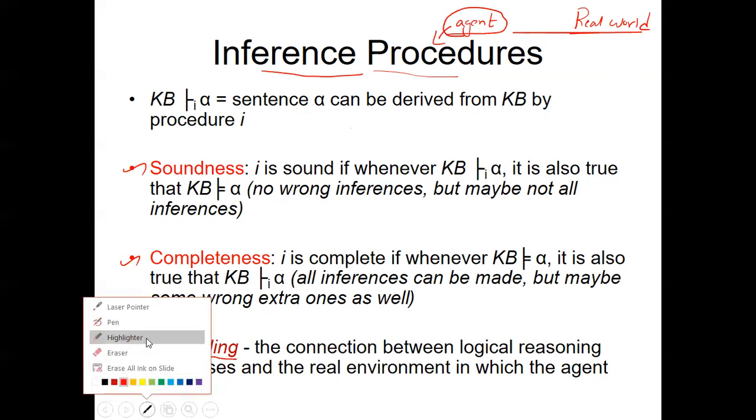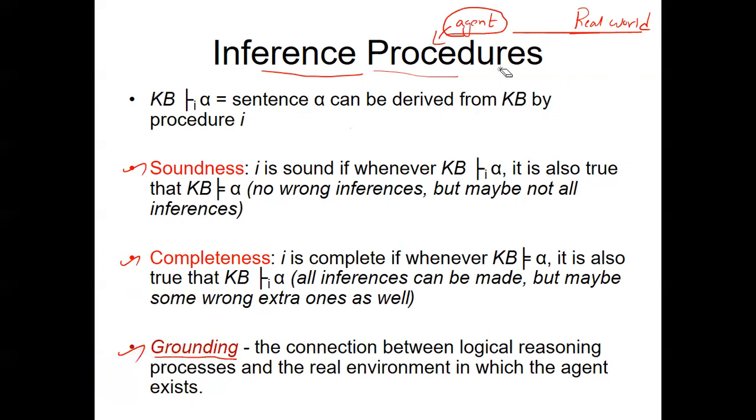So that means, for example, if the inference algorithm is deriving something from something, say the inference algorithm is deriving B from A. Then in the real world also, is the same thing happening or not?